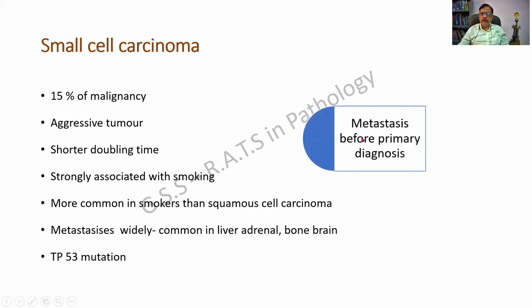Surprisingly, this is one tumor where the metastasis is found before the primary, in the sense that it spreads so very rapidly that even the primary is overtaken.